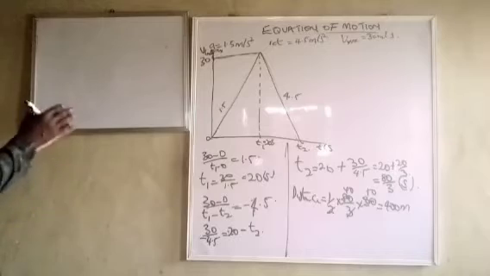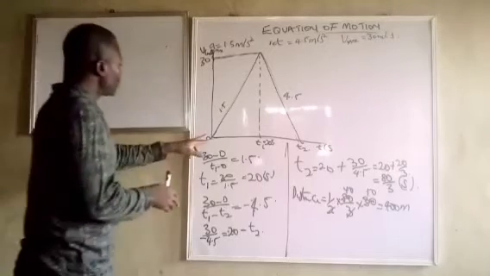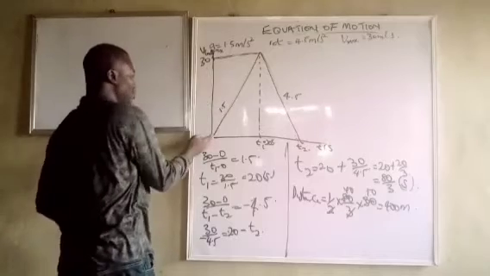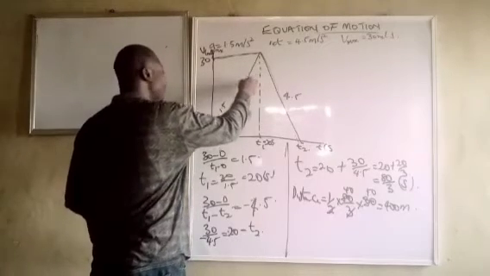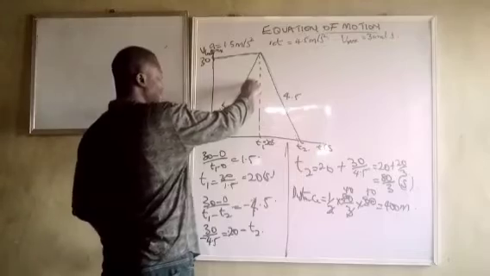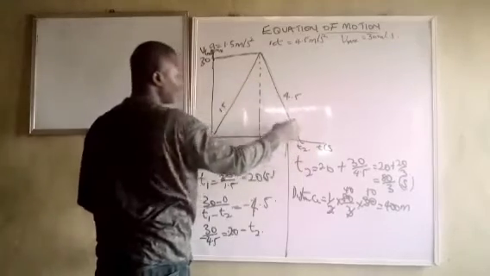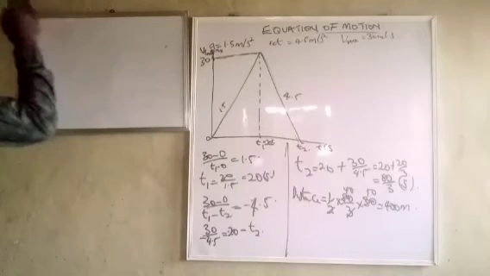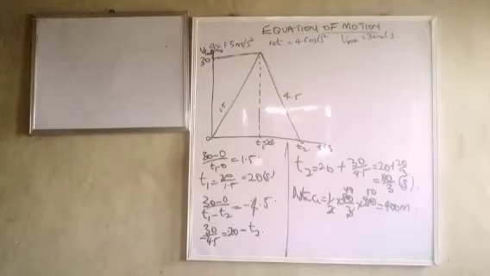Now, we are going to travel with a velocity that is lesser than 30 meters per second. It will have to move to that velocity, decelerate, and cover the distance of 300 meters.